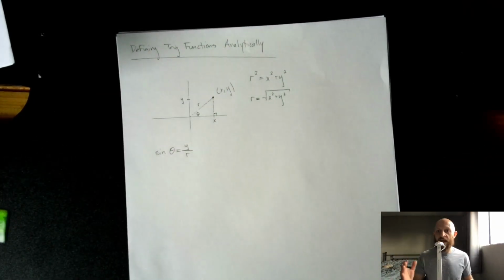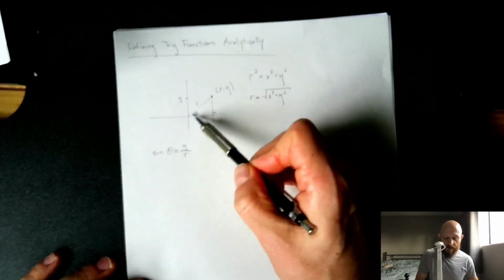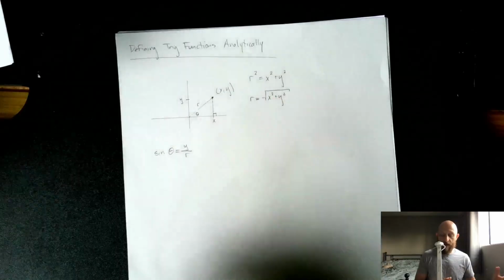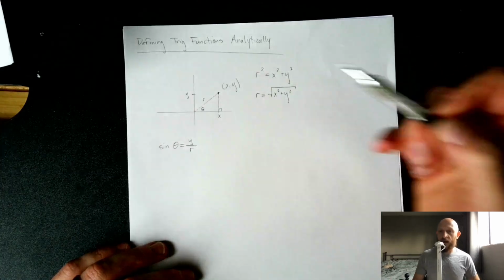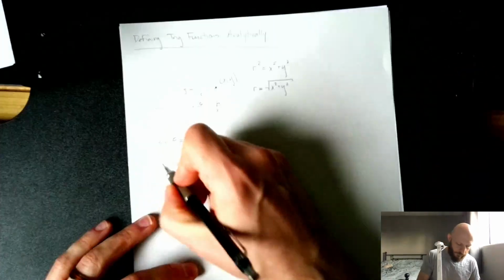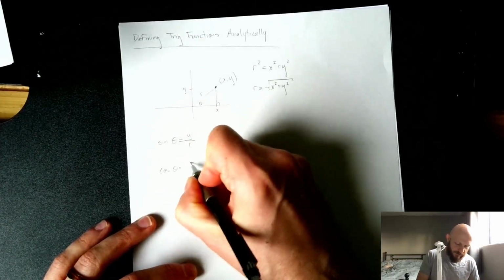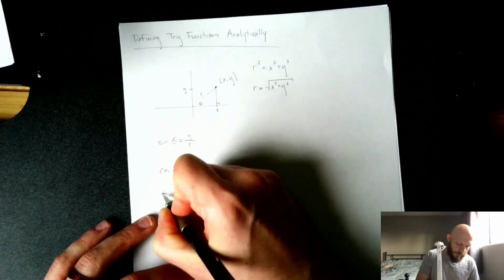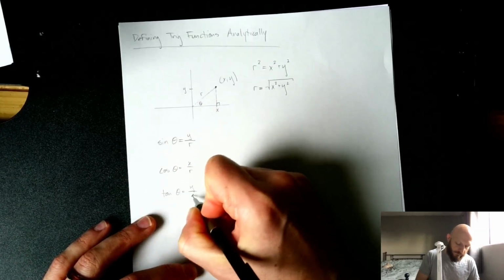We're just saying, hey, call this ratio y divided by r. We're going to call that the sine of this angle that is formed, because this angle uniquely designates x, y, and r. So sine theta is y over r. Cosine of theta is x over r. Tangent of theta is y over x.